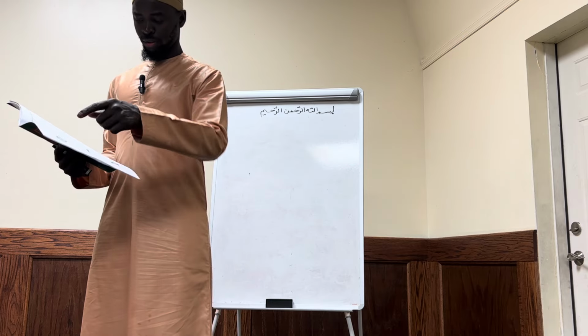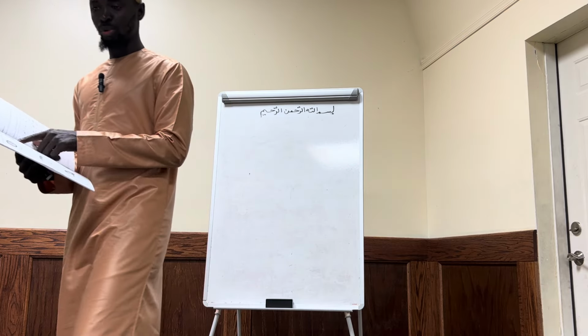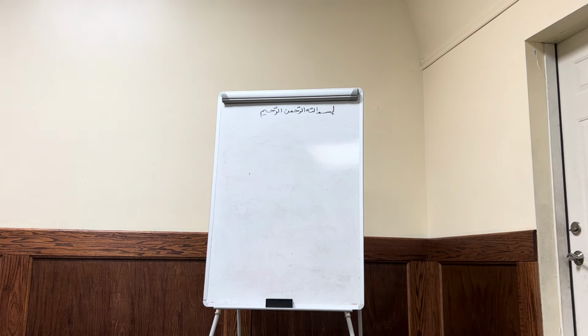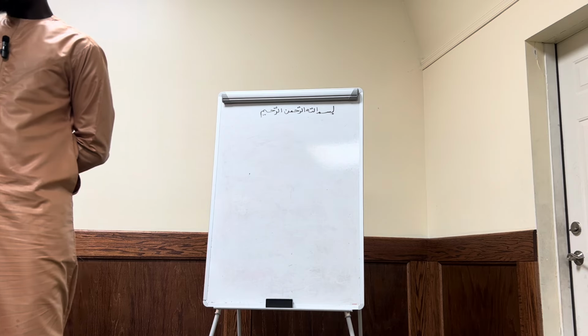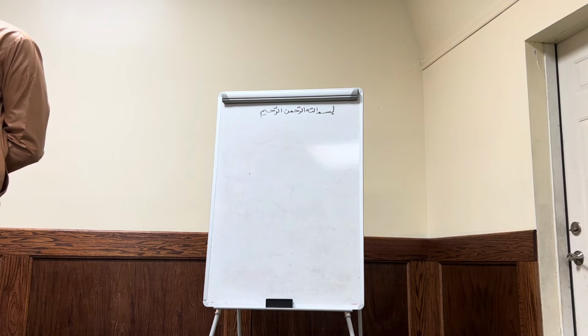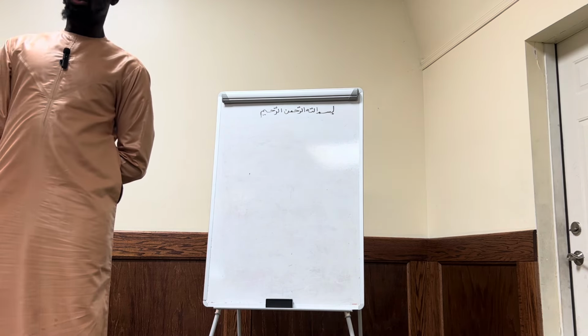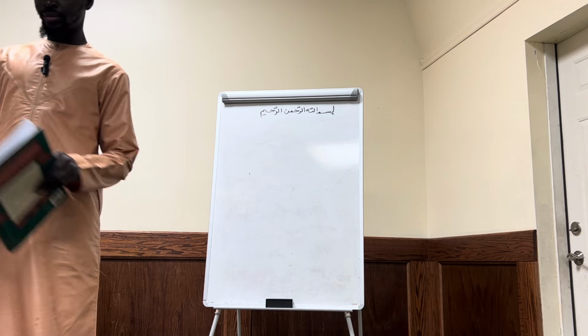Look at where he's writing. You feel the space in the book. You don't do it under the line. You do it on top of the line. No, Adam, on top of the line. Yes, you do it on top of the line.